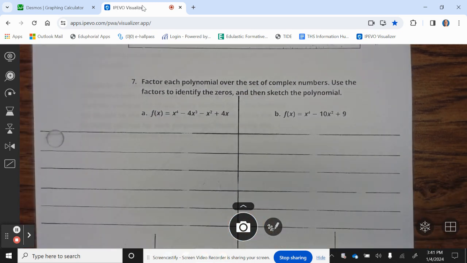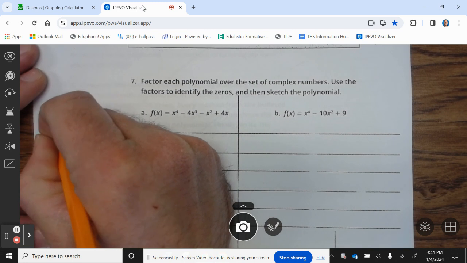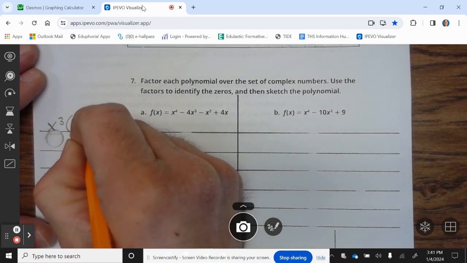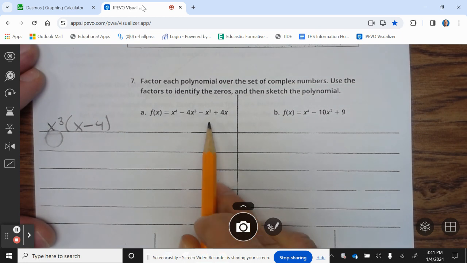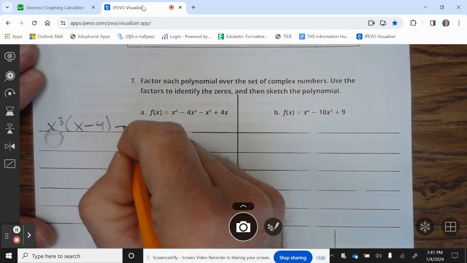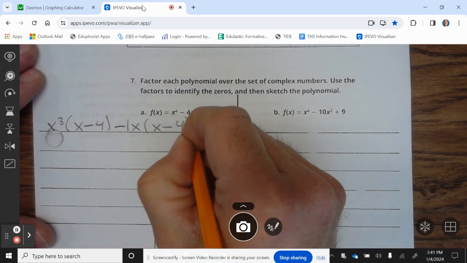So factor each polynomial over the set of complex numbers using the factors to identify the zeros and then sketch the polynomial. So we can factor out an x cubed from the first two terms, which leaves x minus 4. And we can factor out a negative 1 from the second two terms, negative x, which leaves x minus 4.